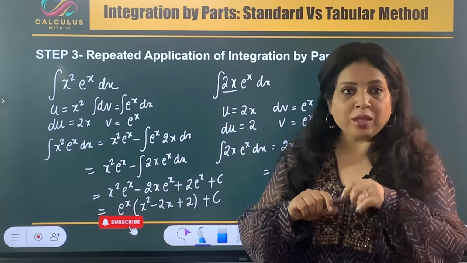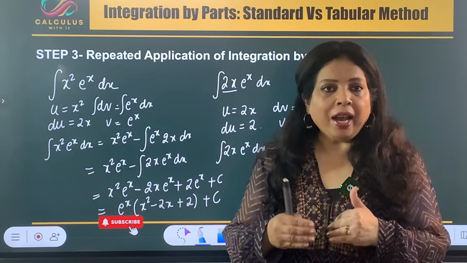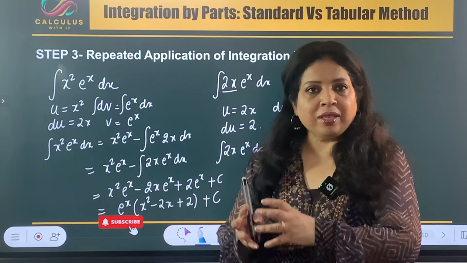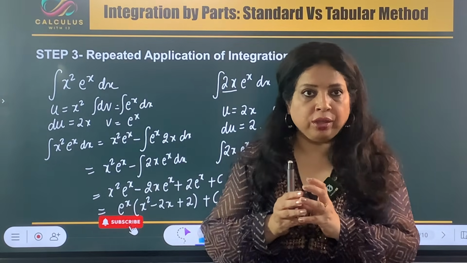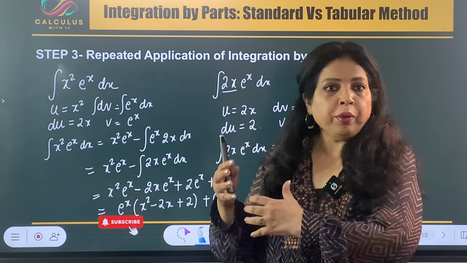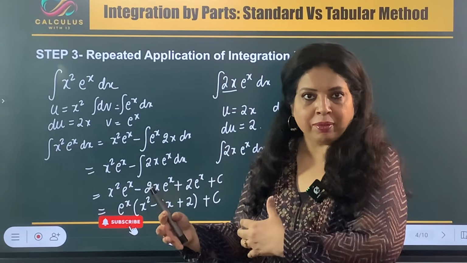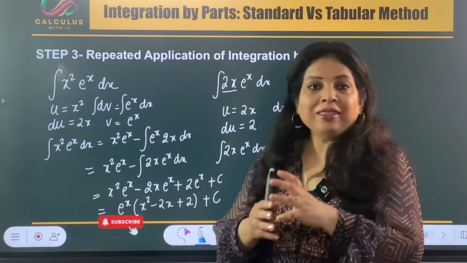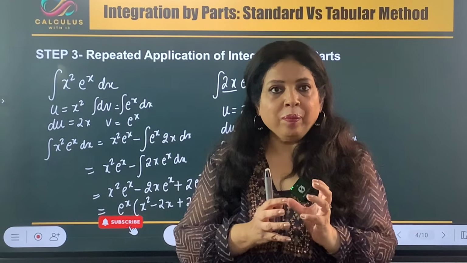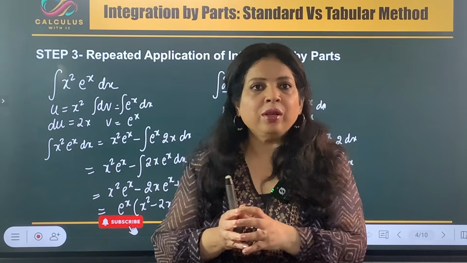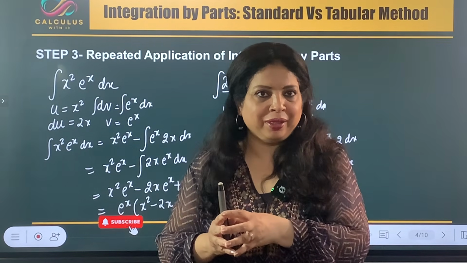So the method works perfectly well, but we had to apply integration by parts twice. And if the power of x were larger, the process would need to be repeated several times. So to organize the repeated process more neatly, we can use the tabular method, also called the DI method.